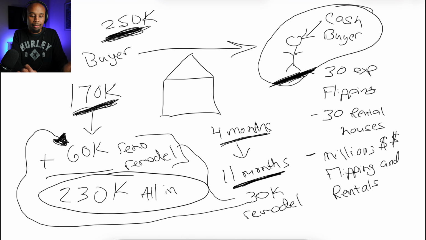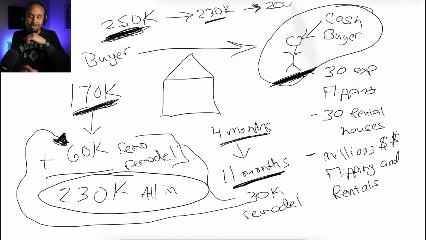So my cash buyer ended up lowering the price to 230 at first. And the guy was thinking about this for a couple days or weeks or whatever. And he said that he wasn't satisfied at 230. He said that he would be more satisfied at like 200,000.